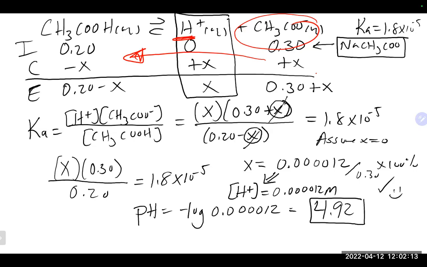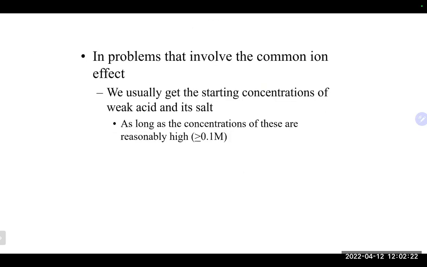Okay, so these are common ion problems, and as we'll talk about in just a second, they really are what are referred to as buffer problems, and we'll talk about what buffers are in just a second. Now, in problems that involve common ions, if we start with a relatively good concentration of our initial parts, the weak acid and the salt, or even the weak base and the salt, we actually see that at the beginning and the end, the concentrations remain pretty much the same.